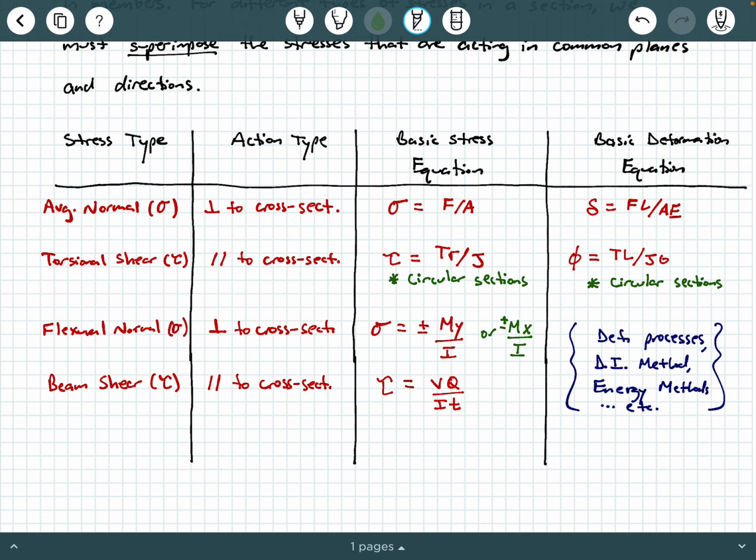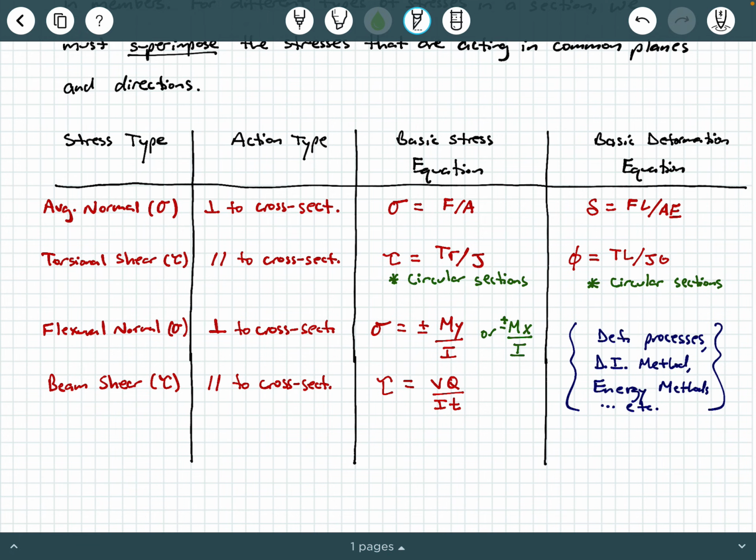For example, deflection processes such as the double integration method, energy methods, maybe Castigliano's method or virtual work. You typically learn about those methods in a structural analysis course or a machine design course. I put etc. here, which could also mean pre-derived formulas. So there's not just one formula for calculating deformations due to flexure or beam shear. There's typically a set of equations or processes. So that's why there's no defined equation there.